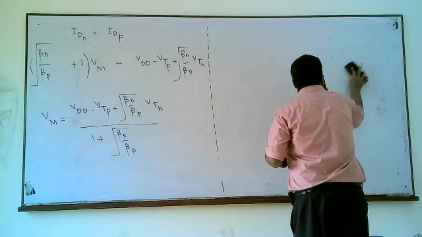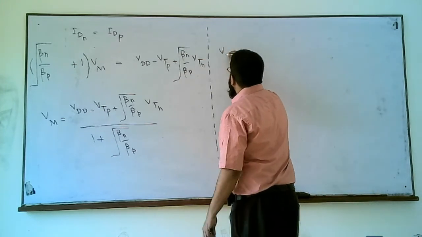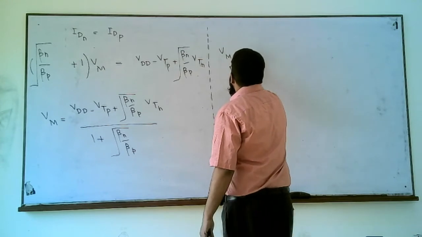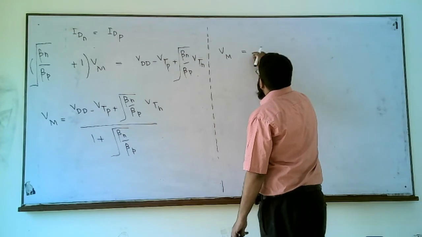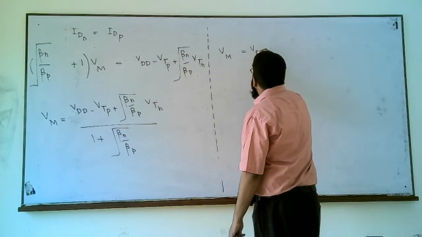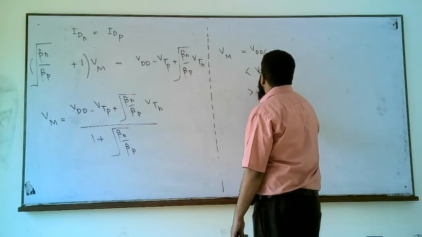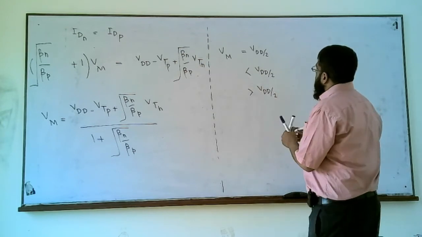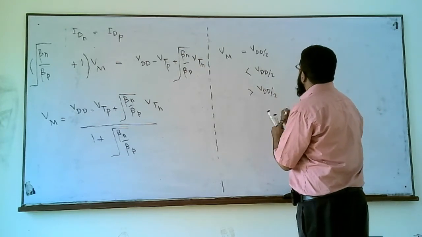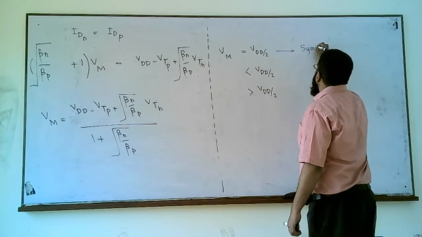So there are 3 options for VM in a given numerical problem: either it is equal to VDD by 2, or smaller than VDD by 2, or greater than VDD by 2.